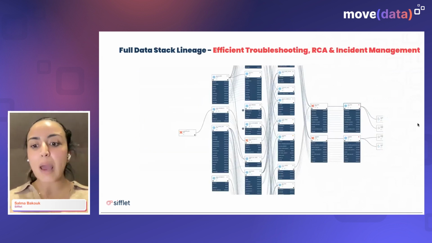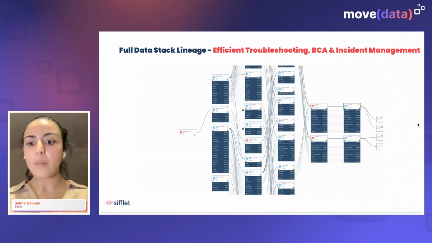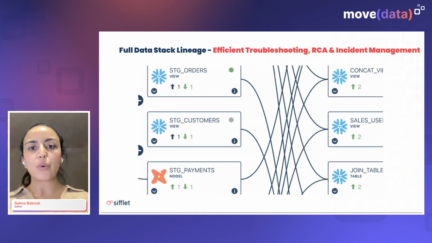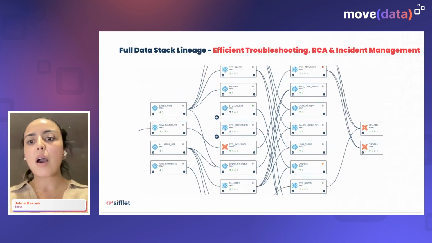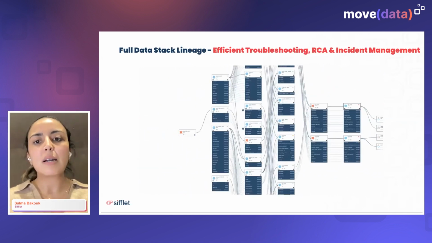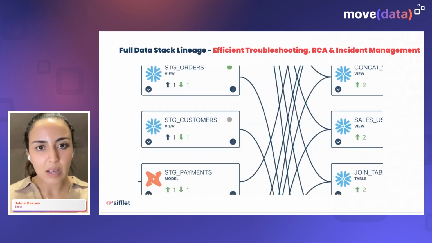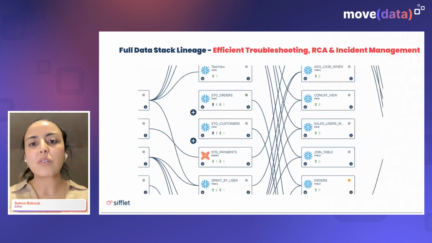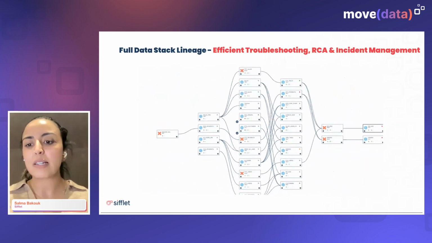So now let's look at what happens after the anomaly is detected, or after your observability framework, once you marry it with your ingestion tool, sends you an alert when something is wrong. What do you do with those alerts? And this is where a very important pillar in observability comes into play, which is lineage.